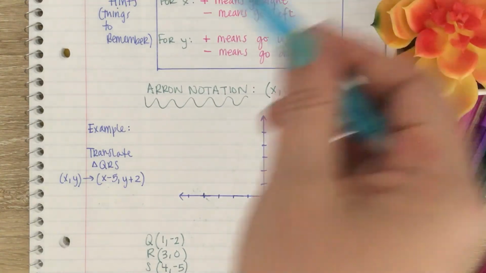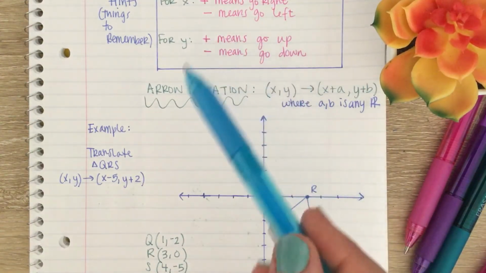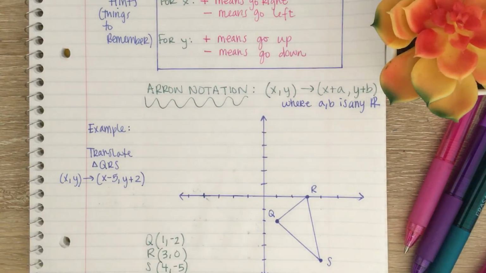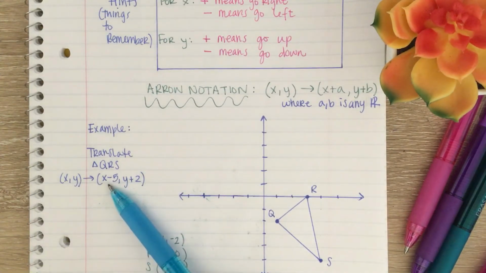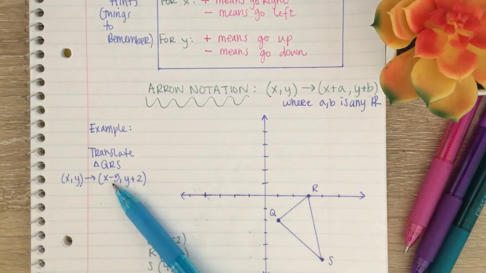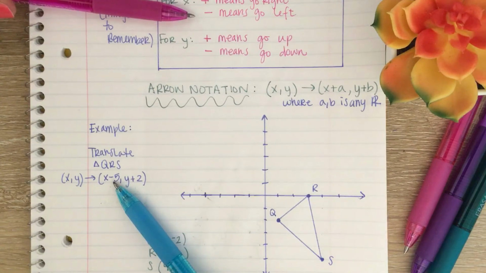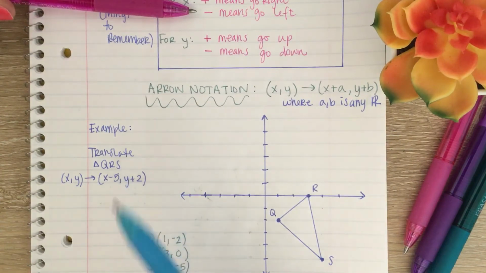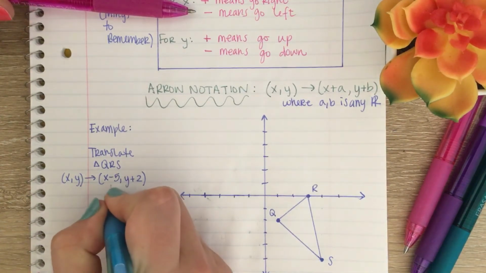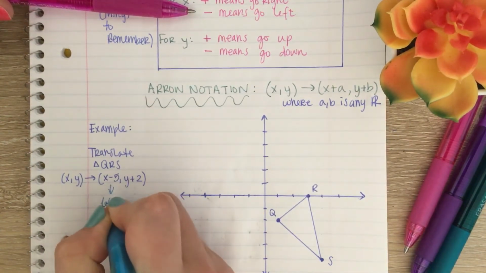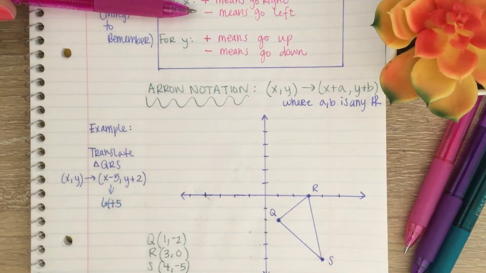Remember this table up here, our hint? We look at the x. So we have x minus 5. In our table, when we look at the x, we look at the minus. The minus means go left. So I'm going to rewrite this and say left 5, because that's what the minus means.